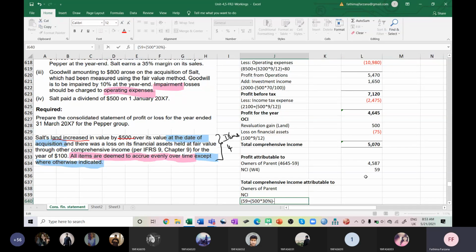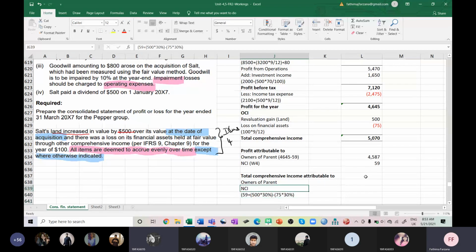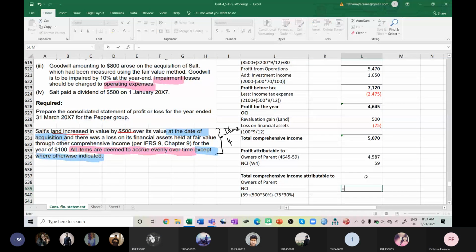75, what should you do? Should minus, okay. 75 into 30%. So this is what NCI is equal to. 187 is the share of NCI. Now what is the owners of the parent?